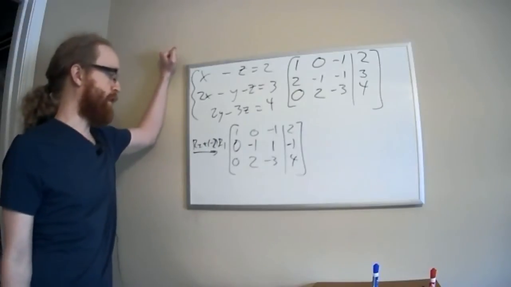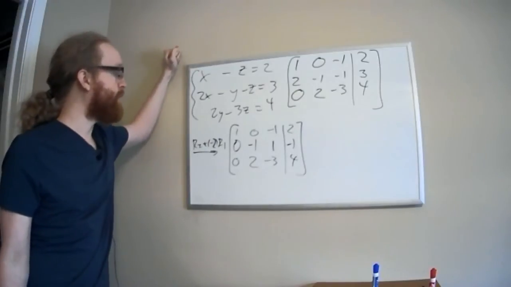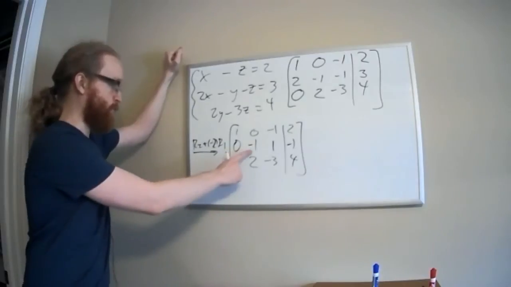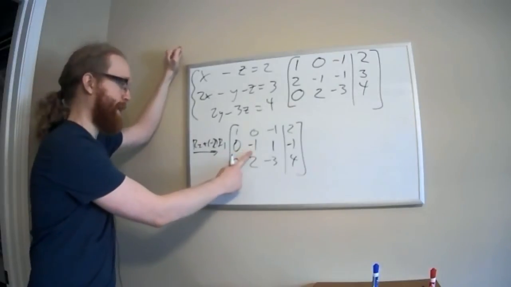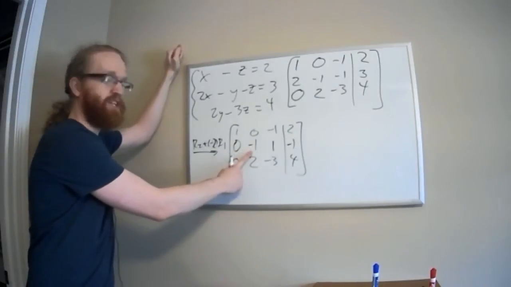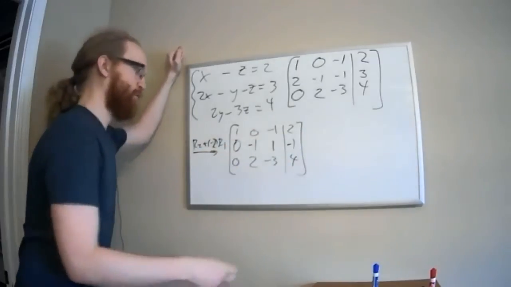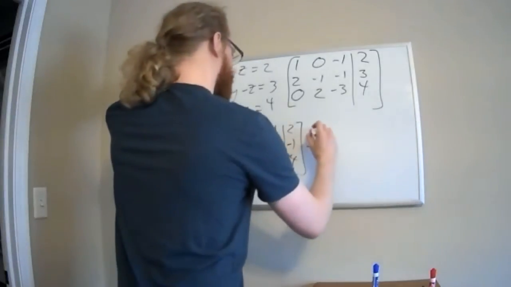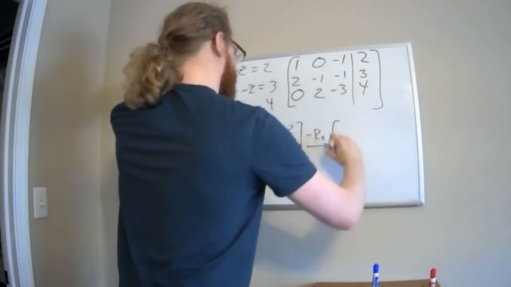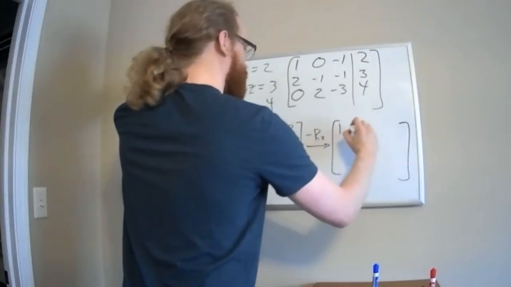So now I want to move on to the next row, next column, and I want a leading 1 here if I can get it. I have -1, so let's change that to +1. Let's just multiply the second row by -1, just to turn that into a +1.